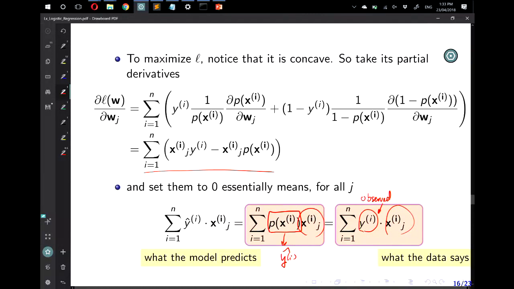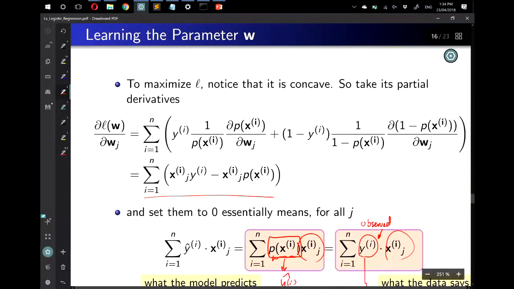So all you need to understand is that the model will estimate some probability given the xi, but what we observe here is a binary variable.